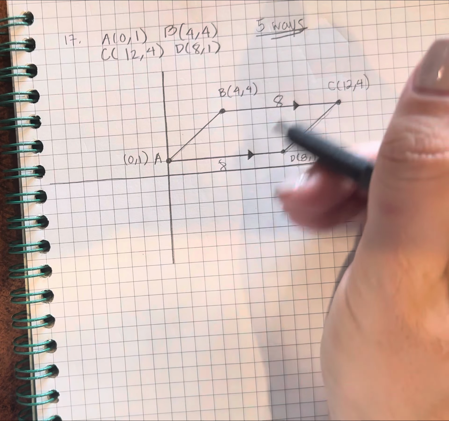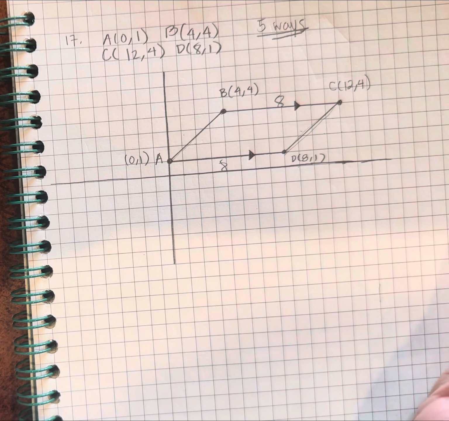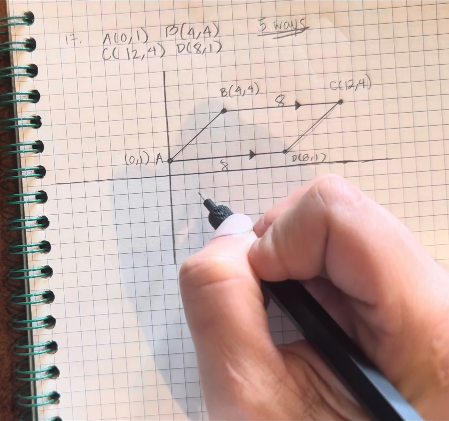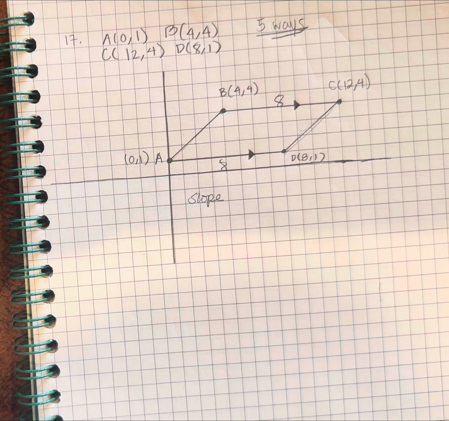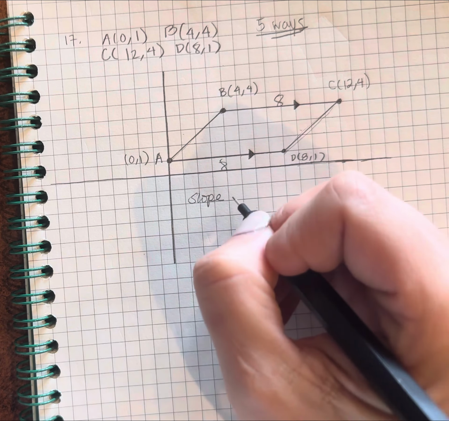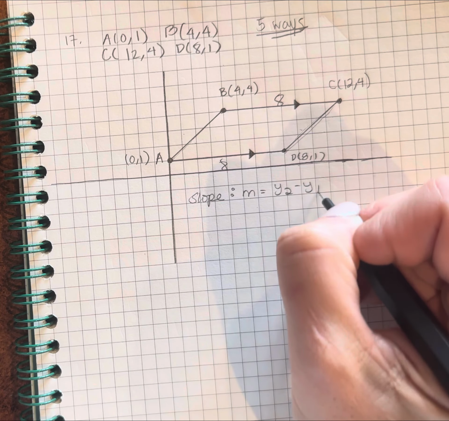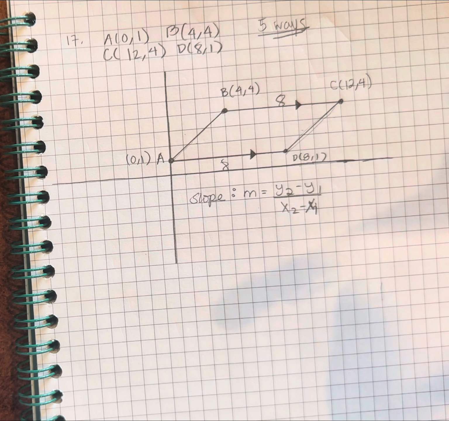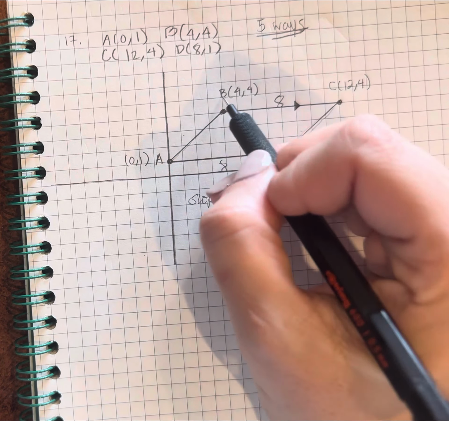We've already shown it congruent, and they're both horizontal lines with a slope of 0, so I know that they're parallel. To prove that the slopes are 0, I can do the slope formula, which is y2 minus y1 over x2 minus x1. That will be between B and C.